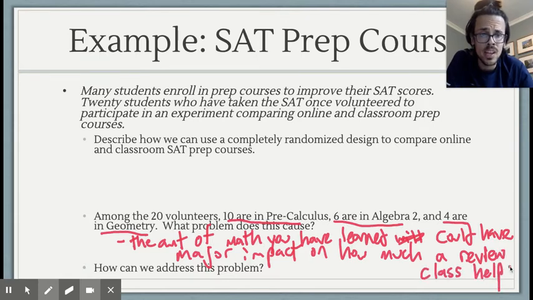Again, if you've never learned the content in the first place, seeing it in a quick review SAT class isn't going to make you understand it well enough. You have to have been in the content and seen the class for real.